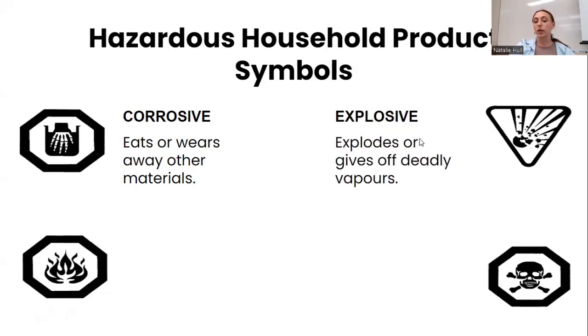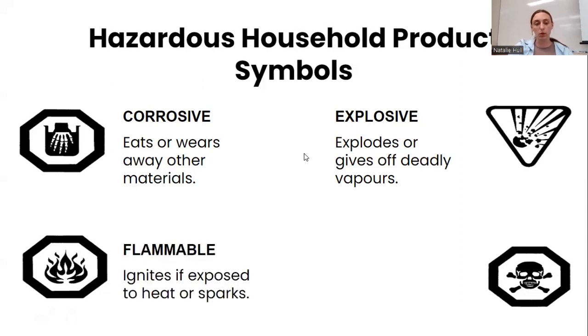Explosive means that it can explode if in the right environment, and then it could give off deadly vapors if it does explode. Flammable means that it ignites, so if it is exposed to heat or sparks, it could become flammable, or it will ignite in flames. It is still flammable.